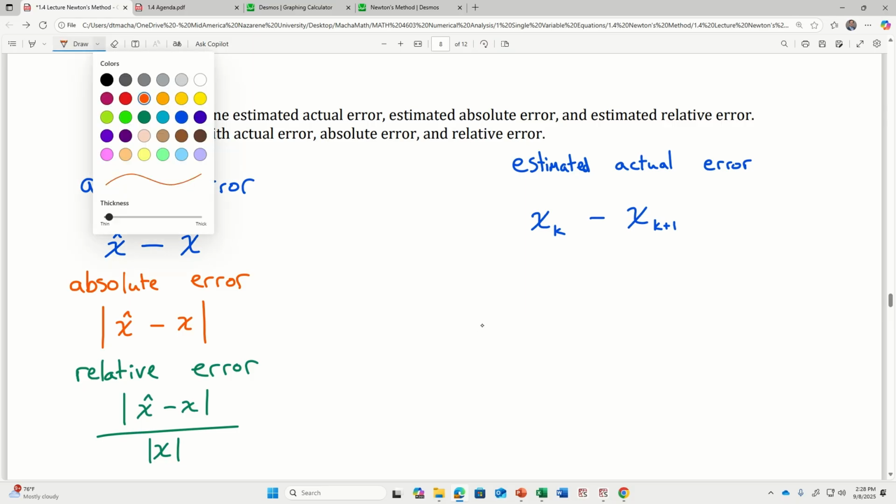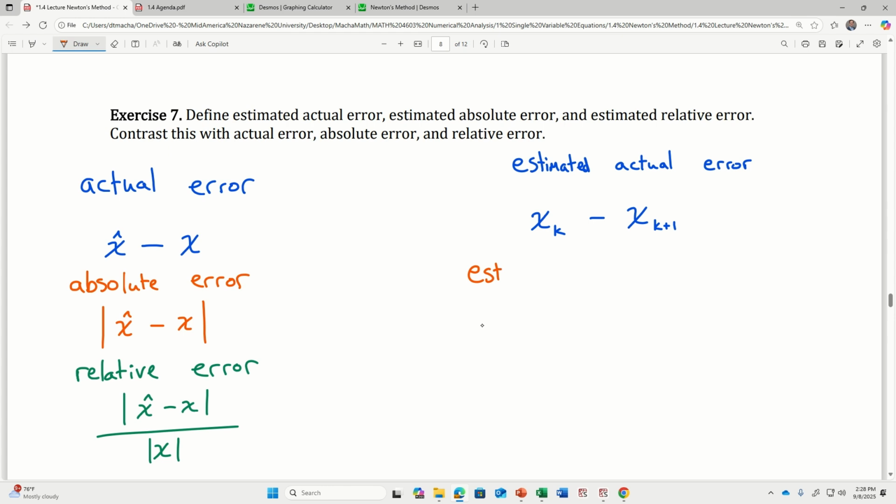And likewise, there is an estimated absolute error that you should be familiar with, which is the same thing, but you take an absolute value.